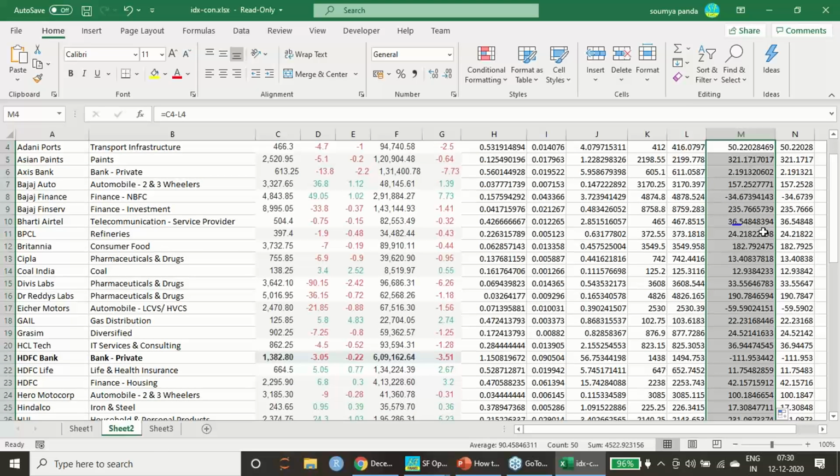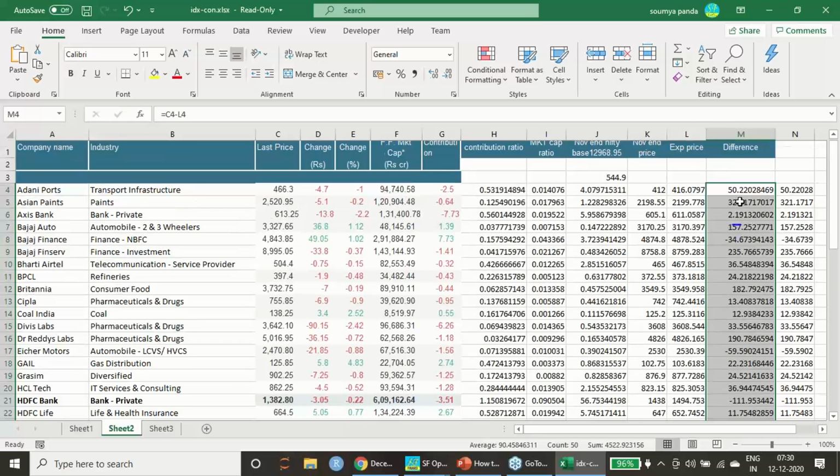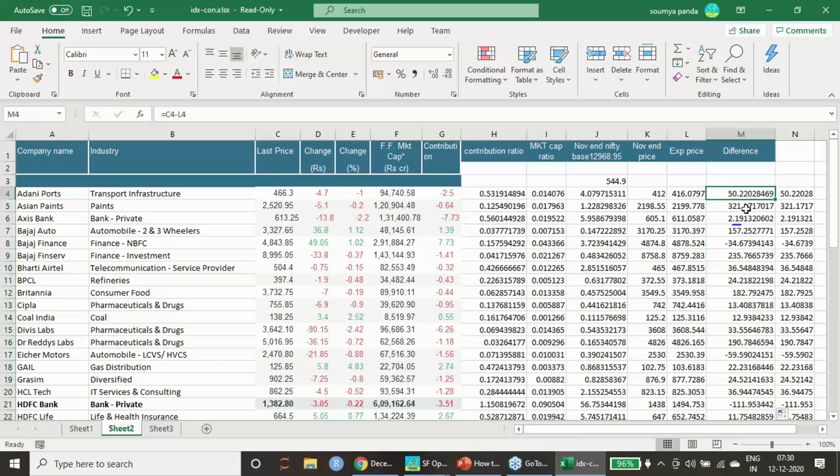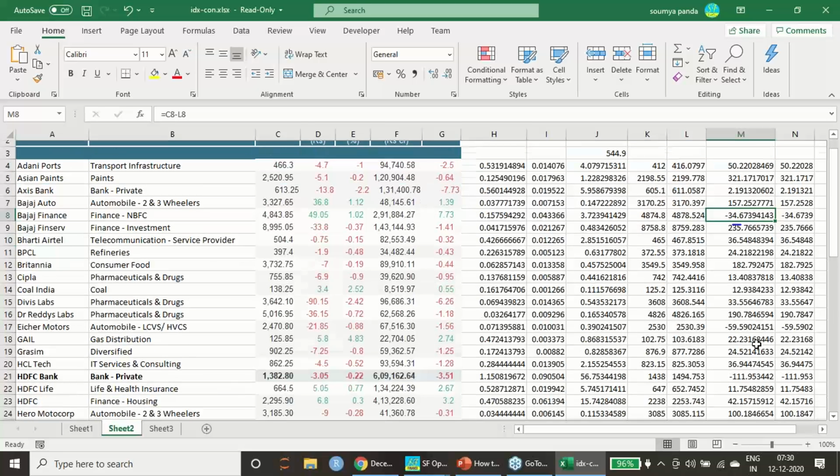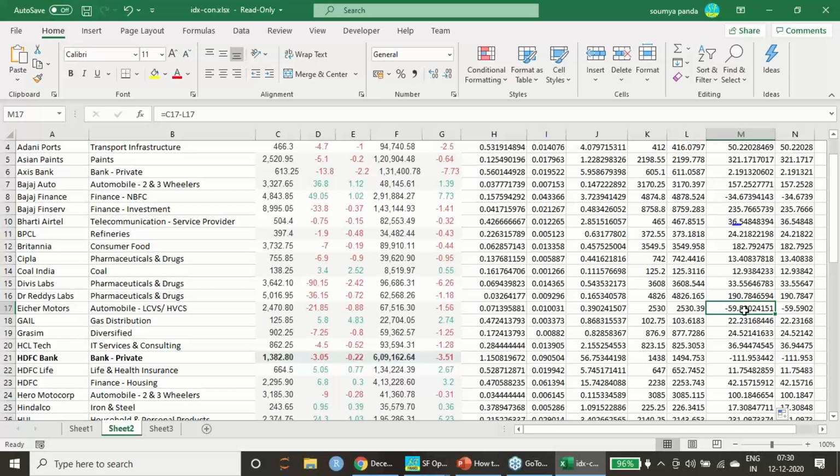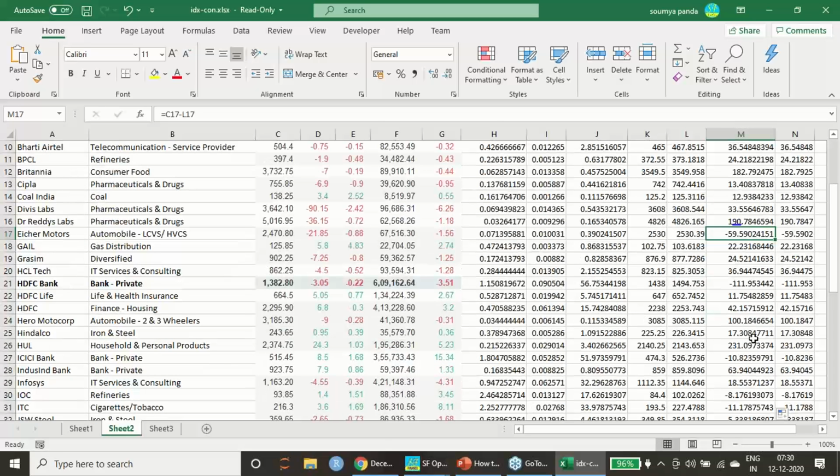These values will say which stocks have already performed. Adani Port has already performed, Asian Paint has already performed, while you have less performance in Axis, less performance in Bajaj Finance, less performance in Eicher Motors, and less performance here in ICICI Bank.